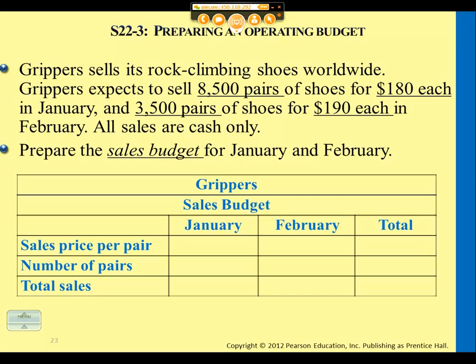Okay. Number of pairs. So what is it that you said? 1,530,000.